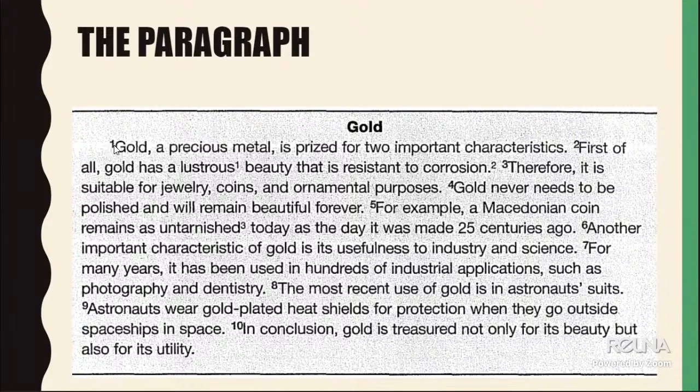So you can see here that the topic sentence should be the first line. Gold, a precious metal, is prized for two important characteristics. So with the first line, you already know what the paragraph is about, and it should be that way all the time, right?